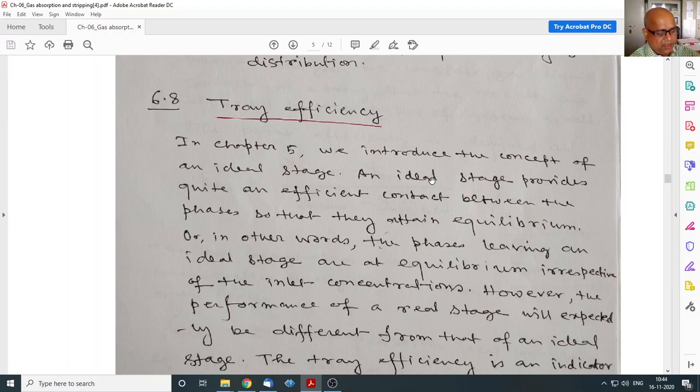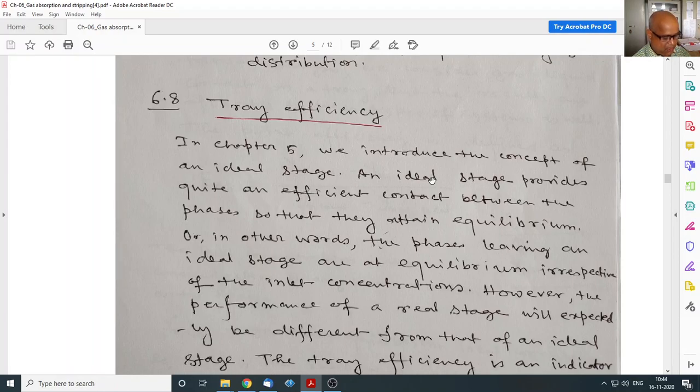Now if tray efficiency is, let's take, 50%, then the actual number of trays will be 10 by 0.5, meaning 20 trays, because whatever we have calculated is based on ideal 100% trays, but practically it will be less.